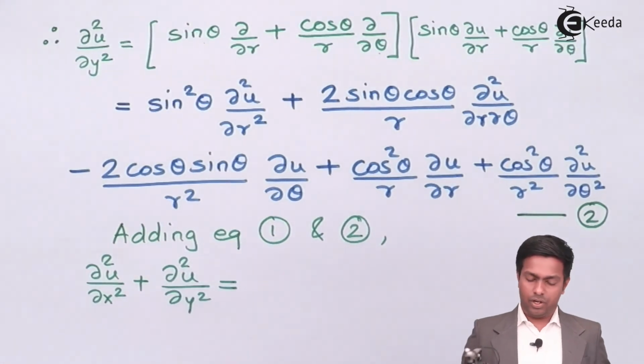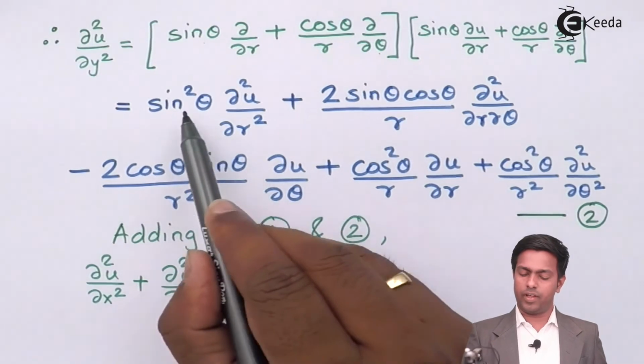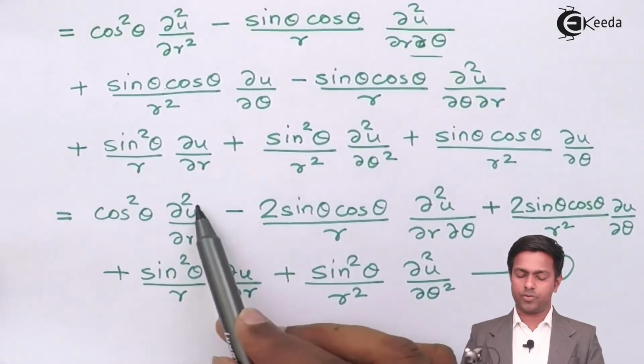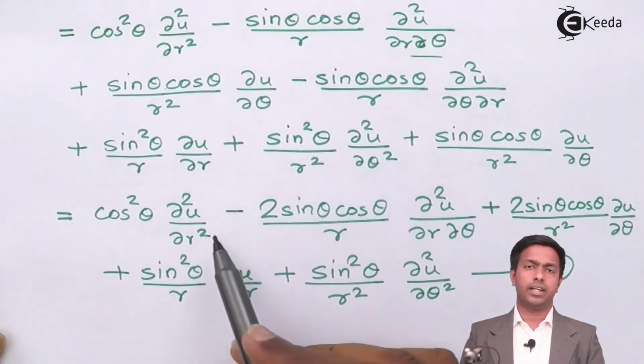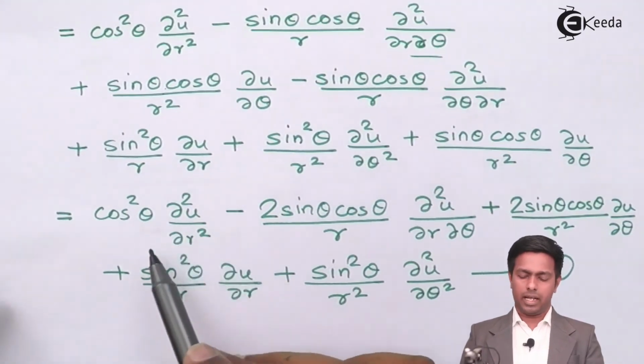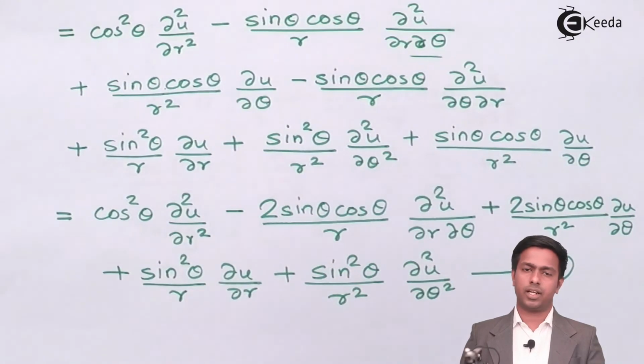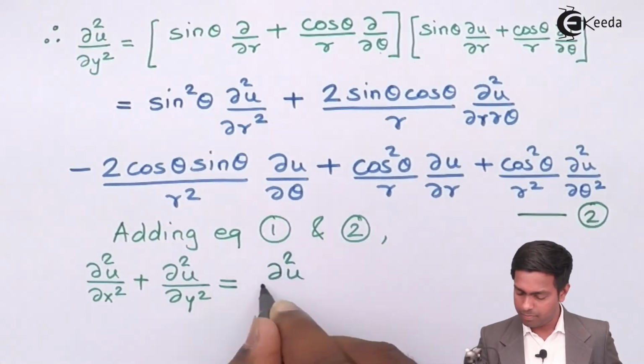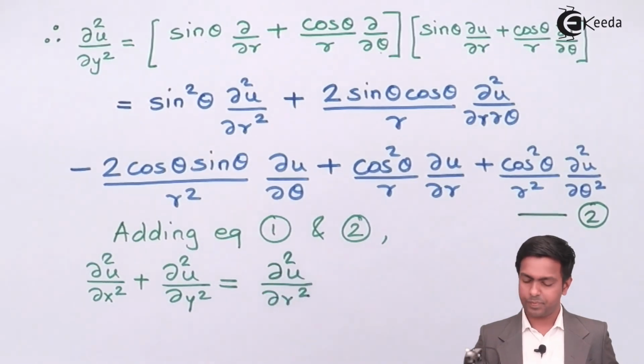So guys, let's observe the things. Here we have sin square theta del square u by del r square. Here we have cos square theta del square u by del r square. So I can take del square u by del r square common, and cos square theta plus sin square theta will be 1. So we'll get del square u by del r square.